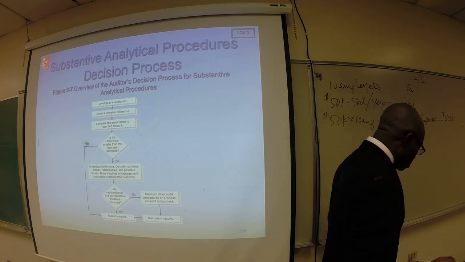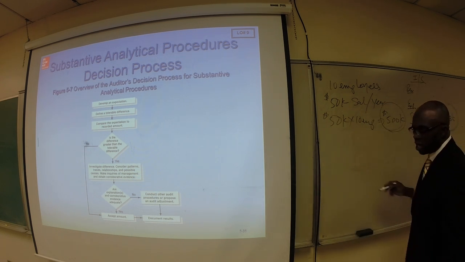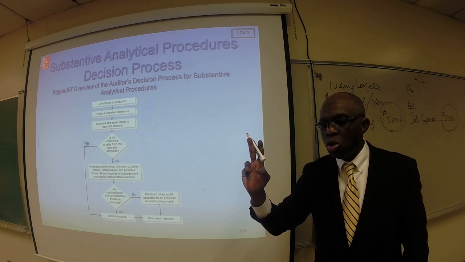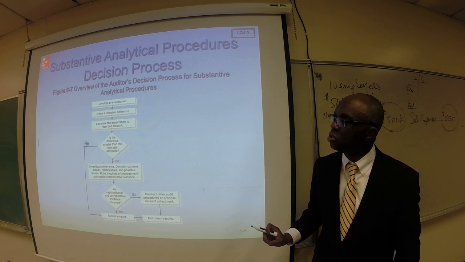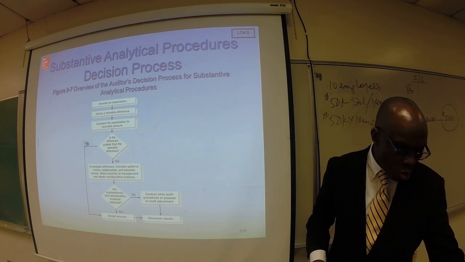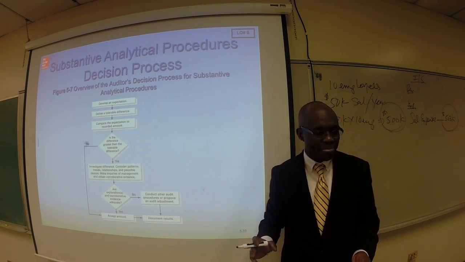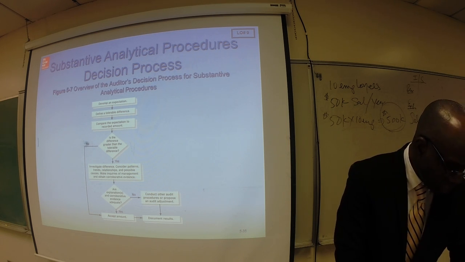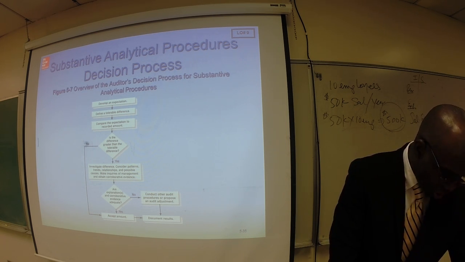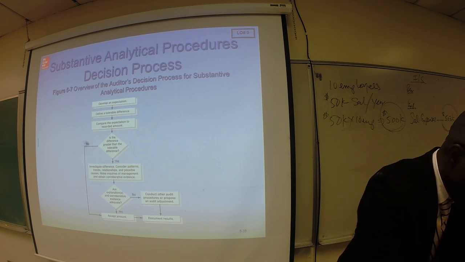So here we go. The salaries expense, $503,000. I have two different ways of testing that account balance. One approach would be to test it in detail. Another approach would be to use a substantive analytical procedure.